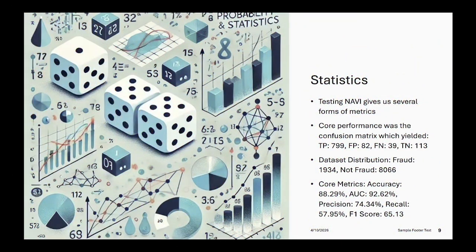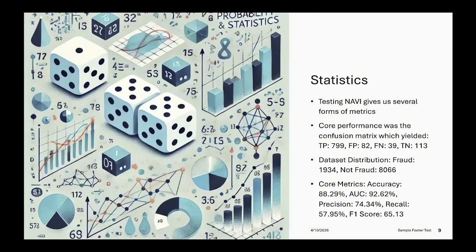All right, let's get into the statistics of Navi. So, as I said through the code breakdown, there was a pretty outstanding issue, which sucks. It's an issue, but it still learns correctly, so it's kind of there. Core performances, we already went through the confusion matrix. Data distribution, 1900 fraud. Not fraud, it was 8,000.